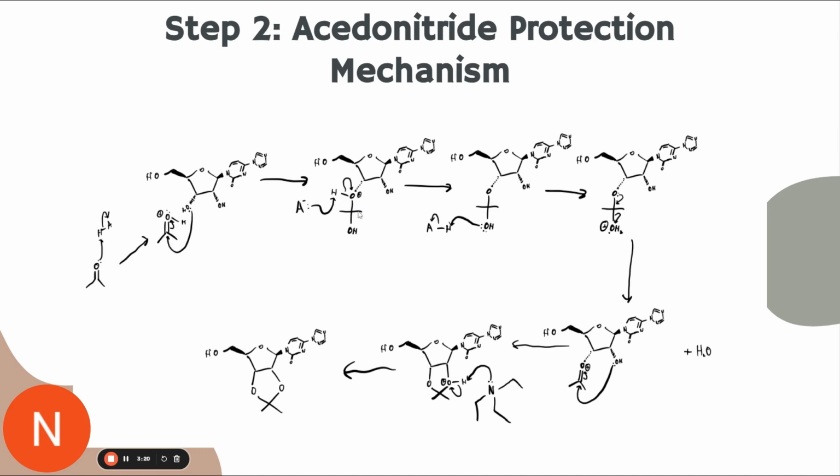Then you're left with this protonated oxygen, which needs to be deprotonated. This OH at the very bottom then needs to be protonated in order to make it a good enough leaving group for these lone pairs to kick it off, giving you H2O as a byproduct. The lone pairs on the other OH will do backside attack on this carbonyl, leaving you with a cyclic ester of sorts. This hydrogen will then be taken off by a bulky base that's added in the second step.